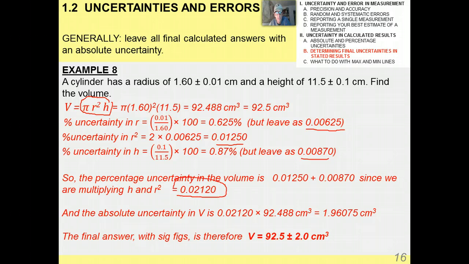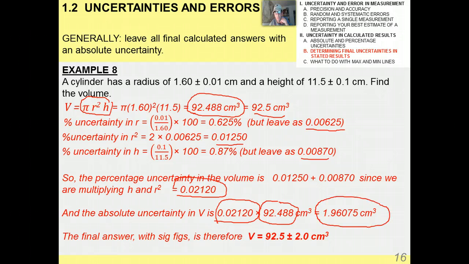So for the absolute uncertainty, now you've got to go backwards again, okay? So it's 0.02120 times the actual value of the volume that I calculated way back here. And here I'm using more significant figures than I know I'm going to use, because I want the final value to be as accurate as possible, okay? You see why I kept it as a full decimal? Because I'm going to multiply this by the actual volume anyway to get the final absolute uncertainty.